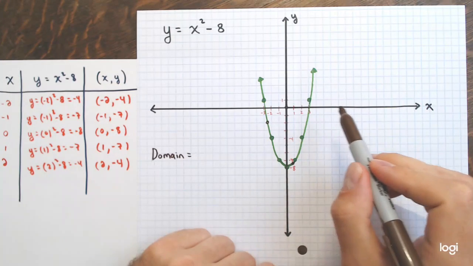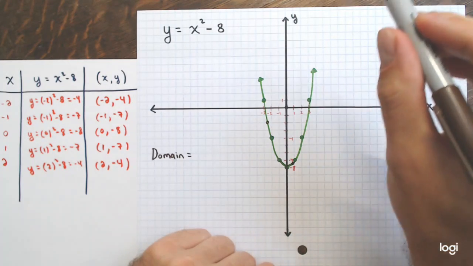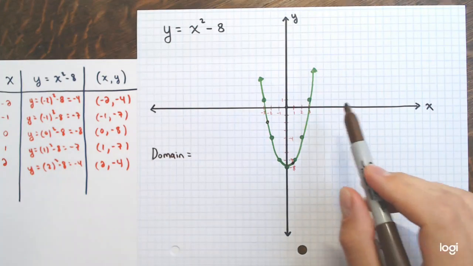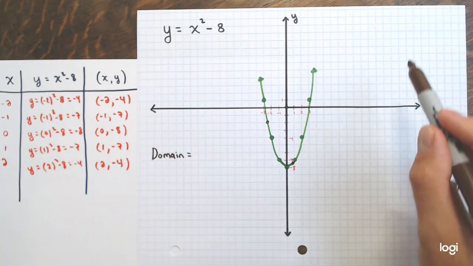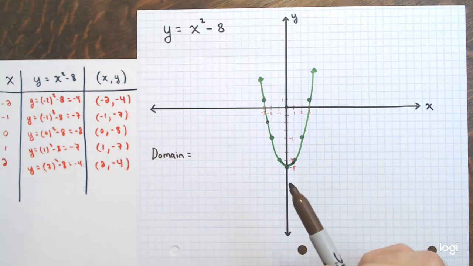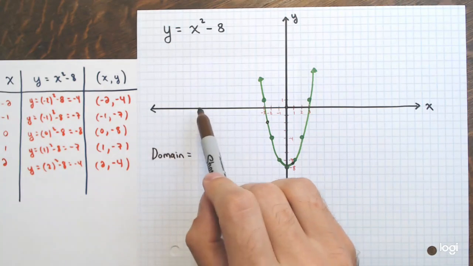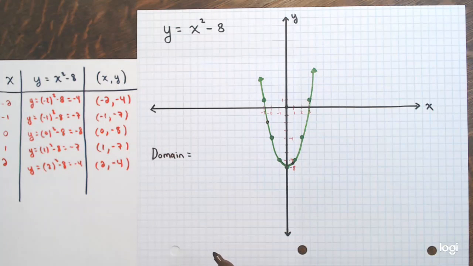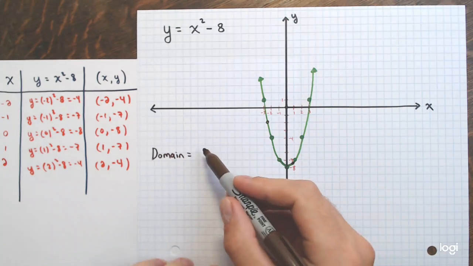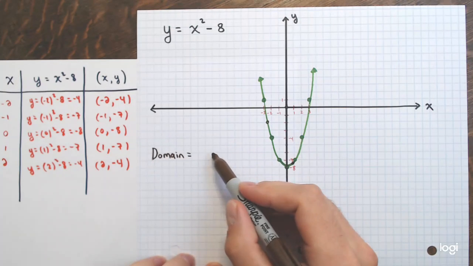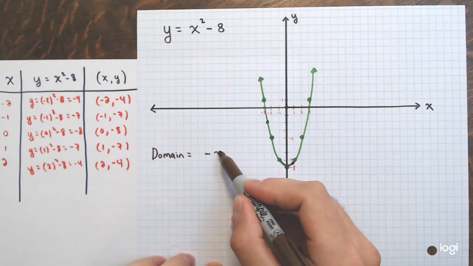And go to 5,000. This is going up forever this way. So 5,000 even would have a point way up there, way up and up. So you could pick any x value, and it is going to correspond to some point on this green graph, this parabola. So again, there is no lowest value in the domain.